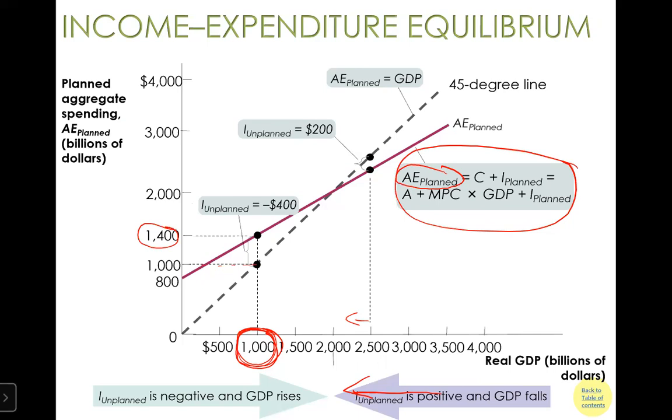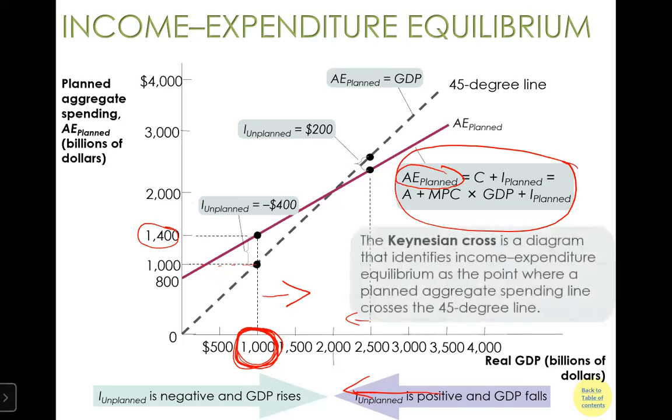That is going to be a signal that GDP has been underestimated. The demand is pretty strong, and so everyone will expand their business. We are going to move to the right-hand side until we reach the middle point, which we call the Keynesian cross. Nobody wants to adjust, deviate, or change.